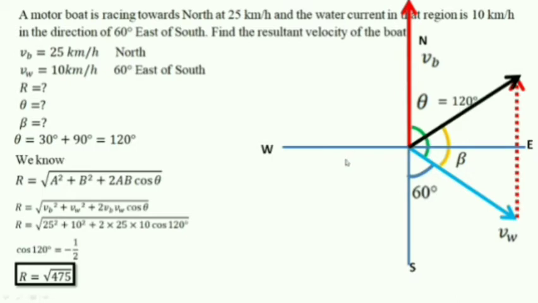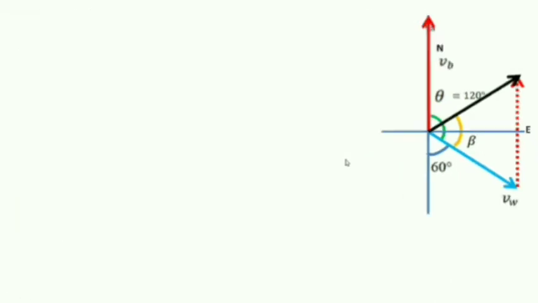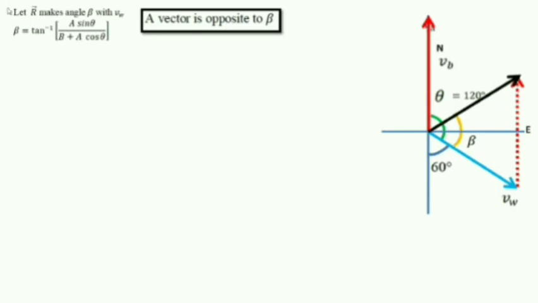Now I have to find the angle. Beta is the angle made by the resultant with V_W. This is the formula to find the angle. Beta is equal to tan inverse, and here I'll write the vector which is opposite to beta.